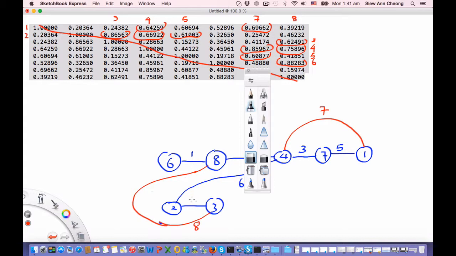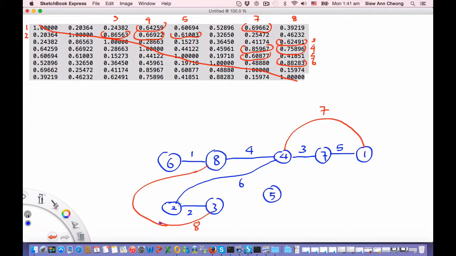Let me rewrite this. I can always move it out. I can move 5 out here and link it to 2, and then draw my PMFG link to number 7. So this is number 10.